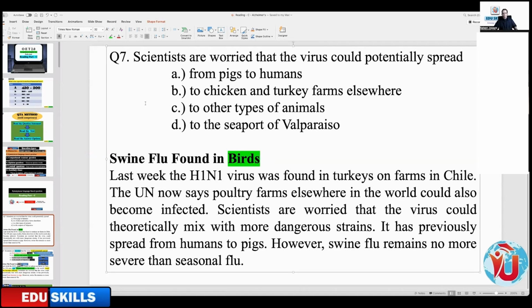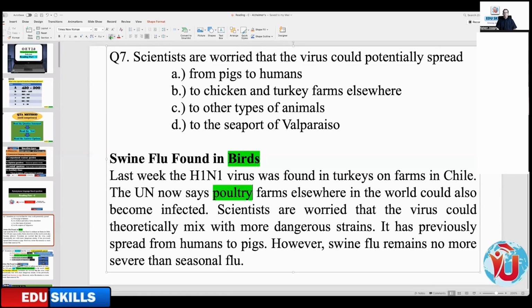Birds is important here. And maybe as a practice, you can underline whatever is connected with the birds. Do you have any other words connected with birds or the synonyms of birds anywhere in the text? Poultry farms. Okay, poultry is synonymous.